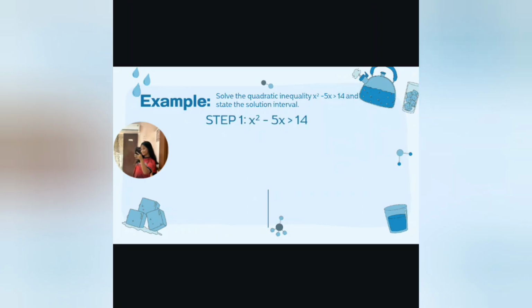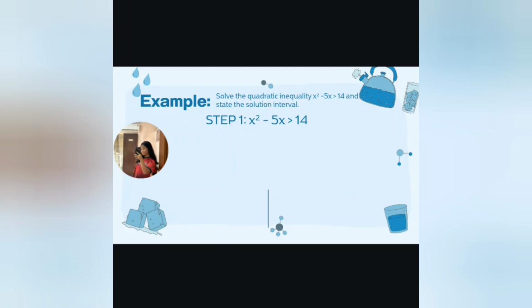First, we need to move all terms to one side. This is so that we can ensure one side of the inequality is 0. As we can see in my presentation, what is supposed to be 0 is 14. So that 14 needs to become 0.